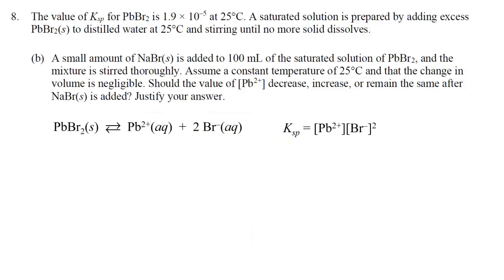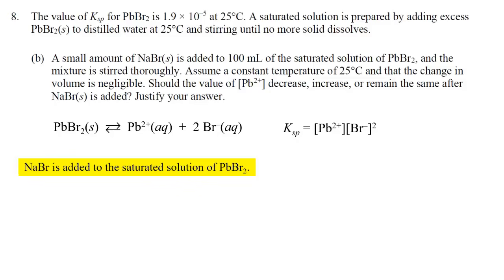Now, another way that you can process what's going on in part B of question 8 is you can think about it in terms of Q versus K. So sodium bromide is added to the saturated solution of lead bromide. Sodium bromide contains bromide ions.